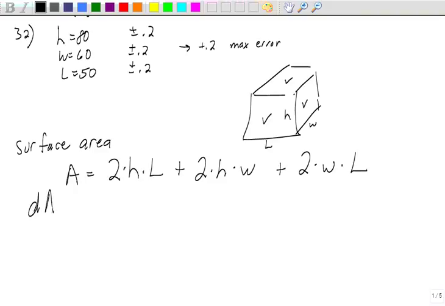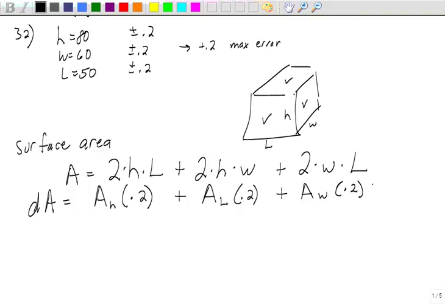So dA is going to be A with respect to h times dh, but that's going to be 0.2. That's our error. It's going to be A with respect to L times the error in L. It's also 0.2 because that's what it told us. And the area with respect to width times 0.2.